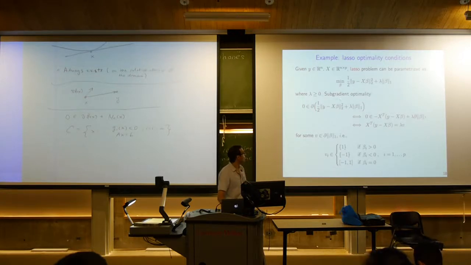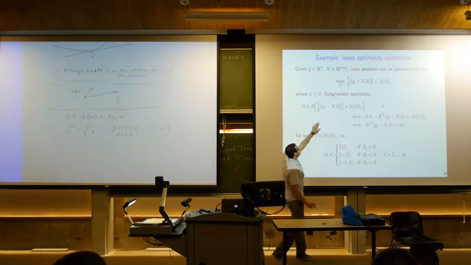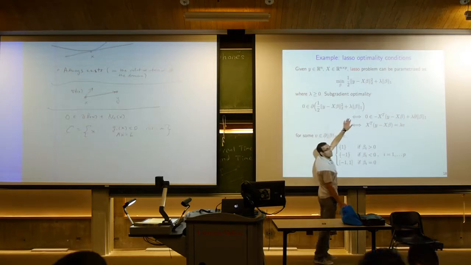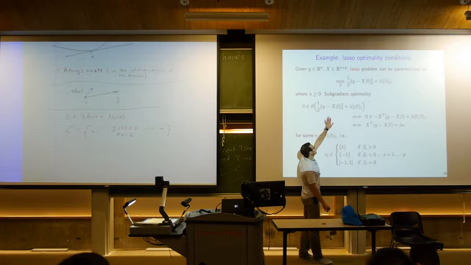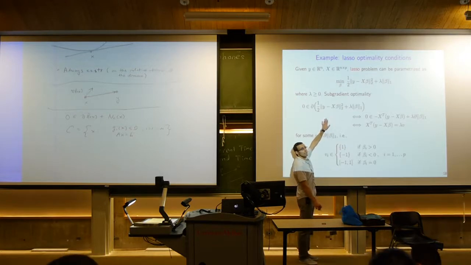So subgradient optimality would say we have a lasso solution, something that minimizes this, if and only if at that point beta, 0 is in the set of subgradients of my criterion, which, because these are both convex functions, I can split up into the subgradients of this plus the subgradients of that.